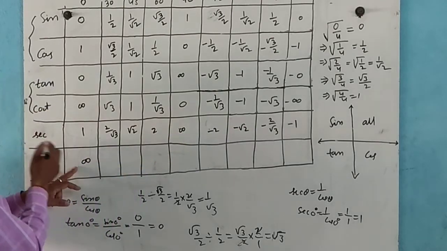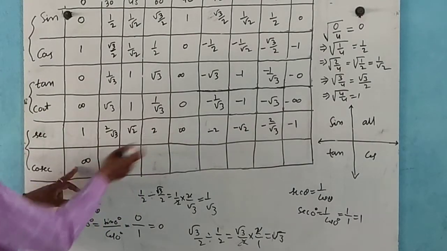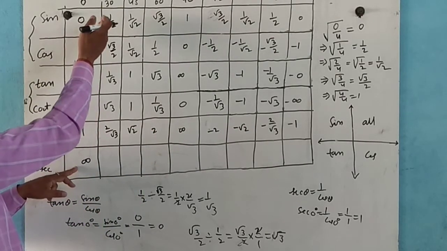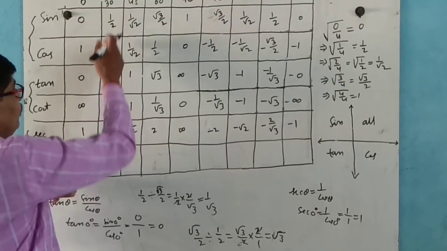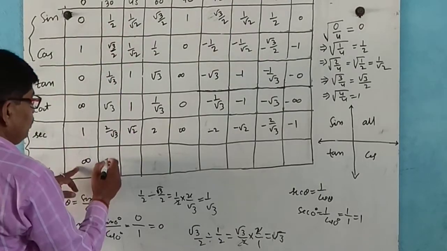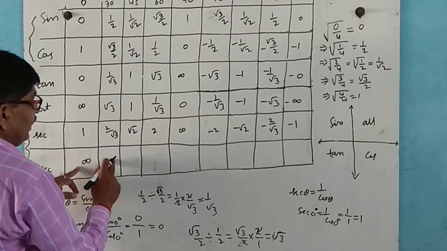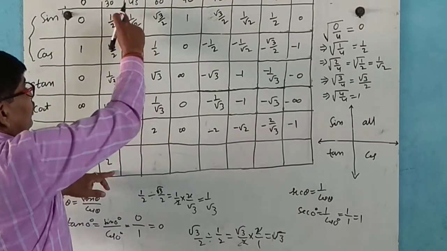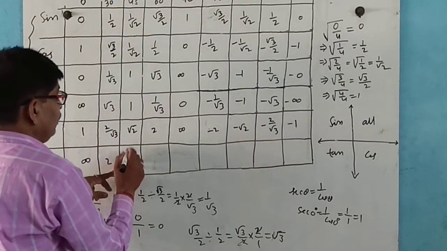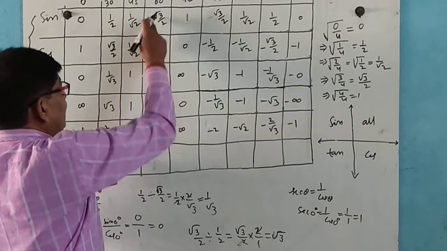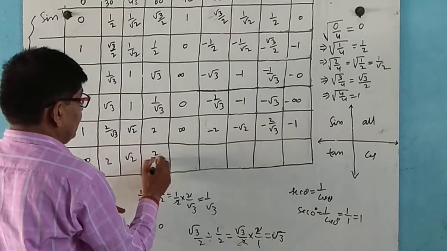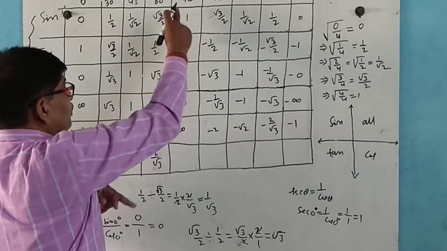Also here, with the help of the diagonal, we change the numerator and denominator of the sine. We get 2 here, 2 here, root 2 by 1 becomes root 2, 2 by root 3 becomes 2 by root 3, and 1 by 1 is 1.